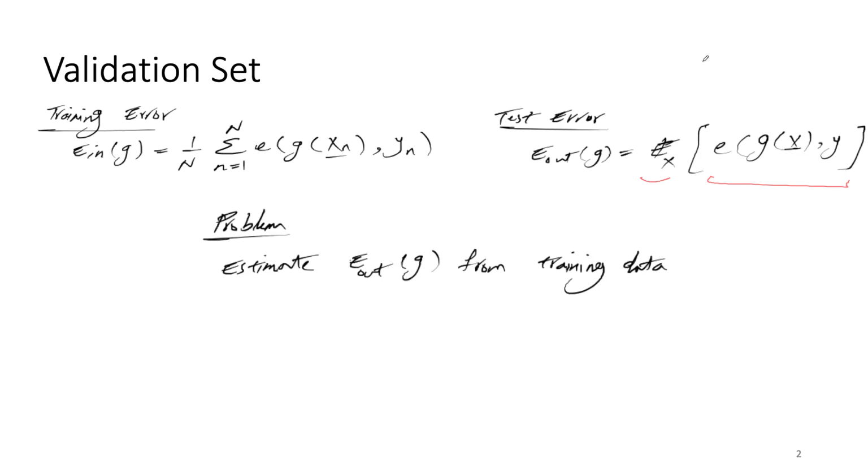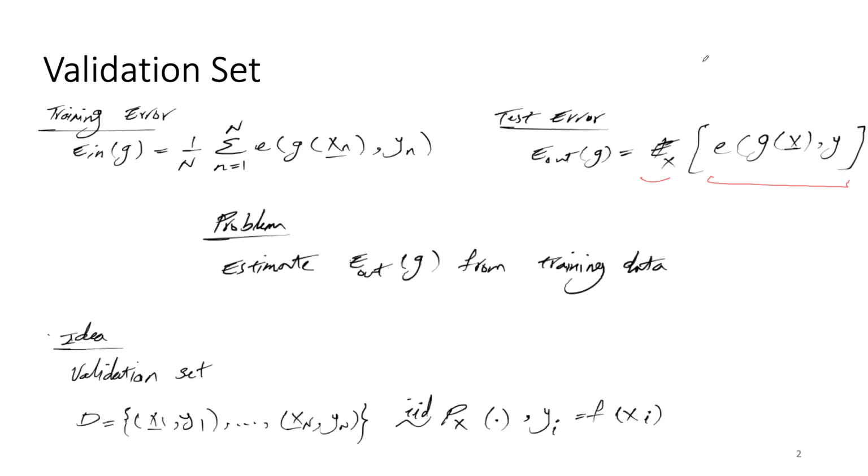All right, so now the problem is how we're going to estimate the out of sample error for G from training data. It's very plausible if you could find a way to estimate what's going to be a test error, out of sample error, while we are training a model.